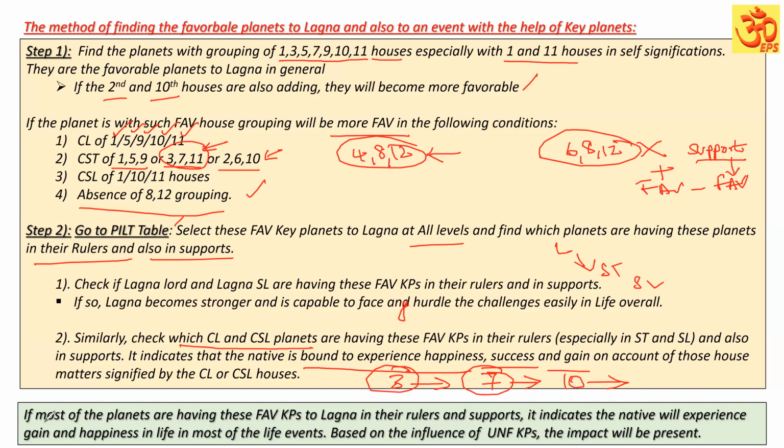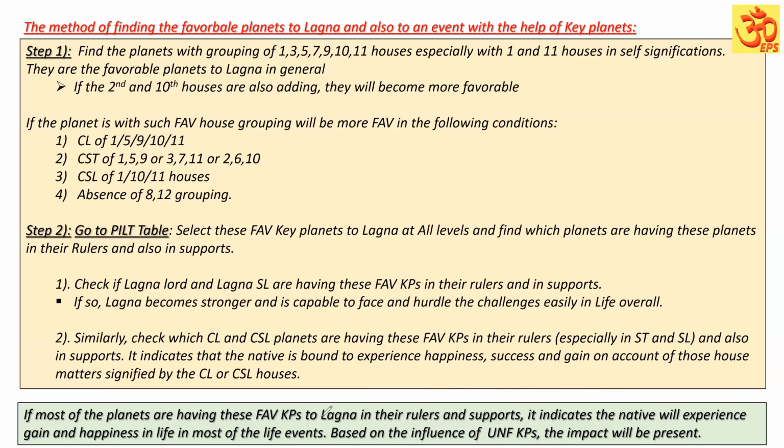Now, the next important point: if most of the planets are having these favorable key planets to Lagna in their rulers and supports, it indicates that the native will experience gain and happiness in life in most of the life events. Based on the influence of the unfavorable key planets, the impact will be present. How we discussed for the unfavorable, the same point I'm giving here. Suppose in the chart, Venus is a very good key planet for the Lagna, and Saturn is also a very good key planet for the Lagna.